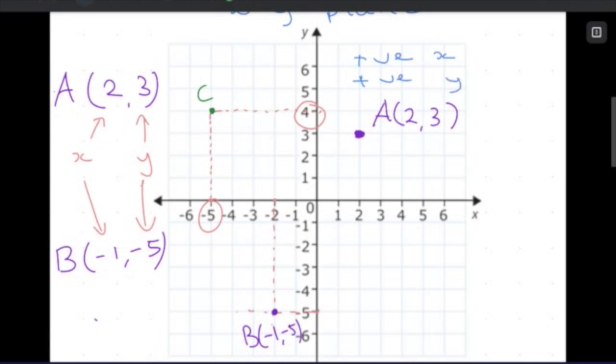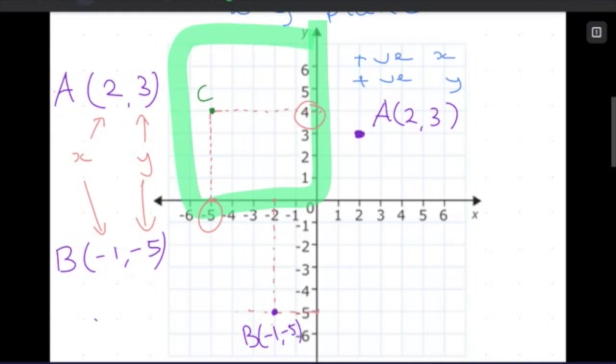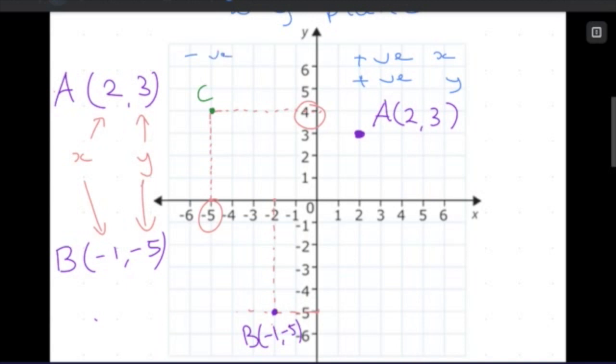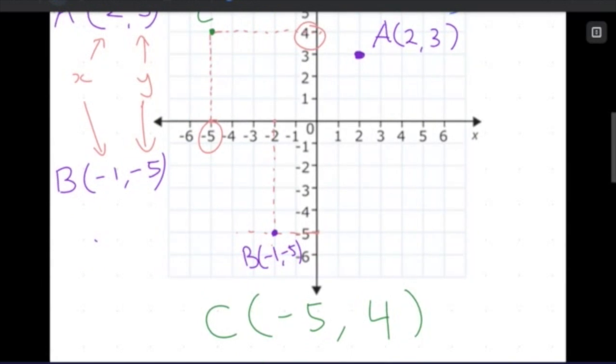Now, in this one here, my X is negative and my Y is positive. This is just shorthand to say positive and negative because I'm not really bothered writing it out.